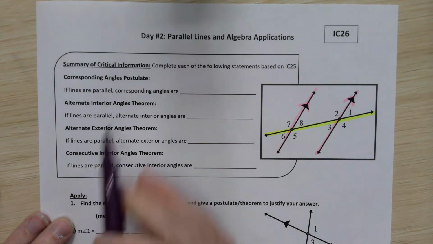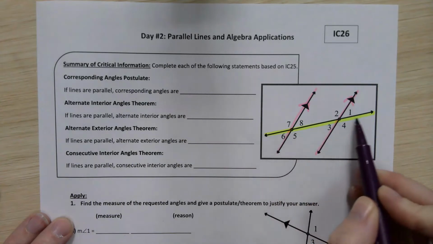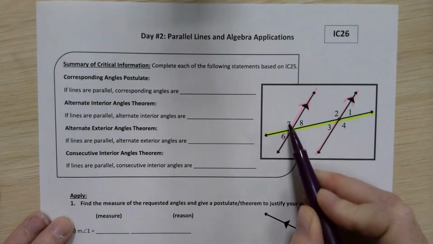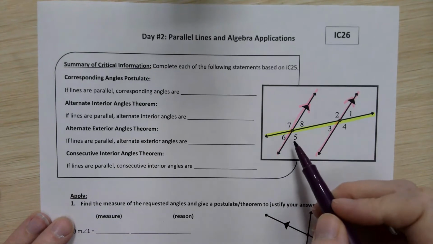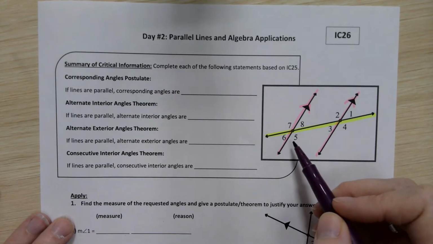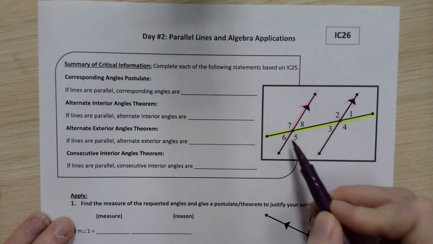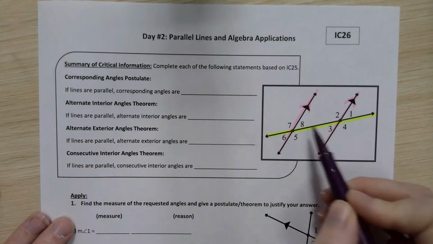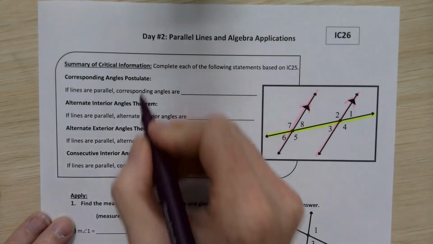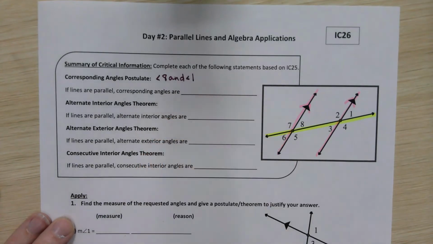So first things first, let's remember what corresponding angles are. Those are angles on the same side of the transversal, so they both need to be above the yellow line or both below, and one is an interior angle while the other is an exterior angle. So we could talk about angle 7 and 2, or 6 and 3, angle 5 and angle 4, or angle 8 and angle 1. I'm just going to write an example down so that you have it to look back at.